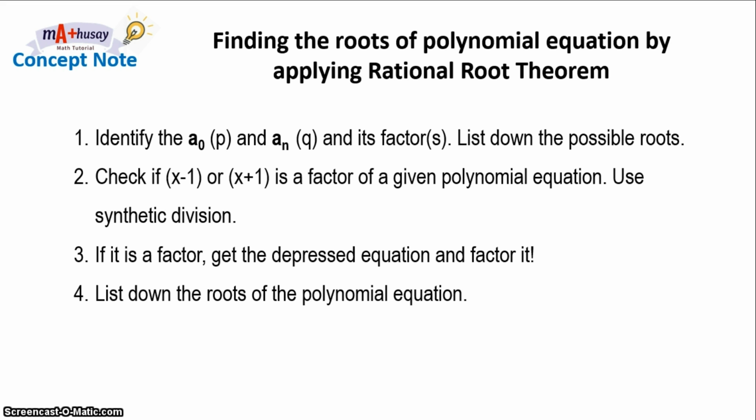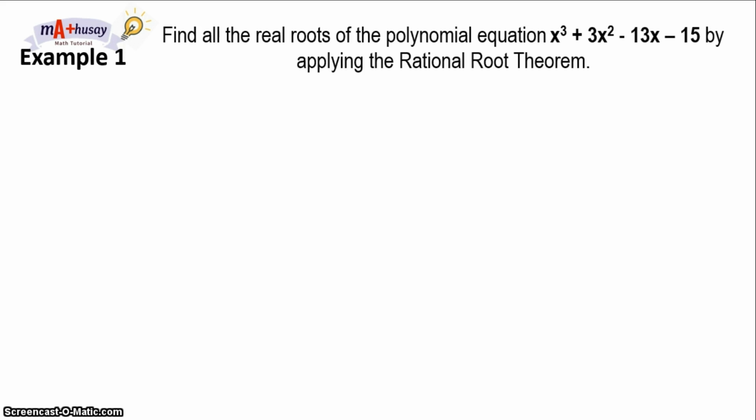So to understand this and to apply the rational root theorem in solving for the roots of a polynomial equation, let's have these examples. Example number 1. Find all the real roots of the polynomial equation x cubed plus 3x squared minus 13x minus 15 by applying the rational root theorem.